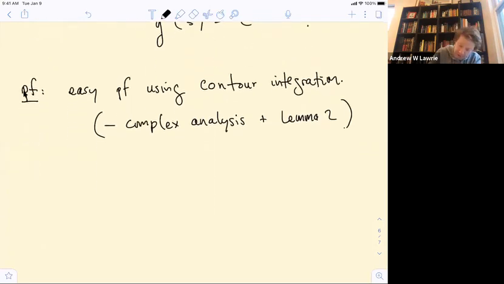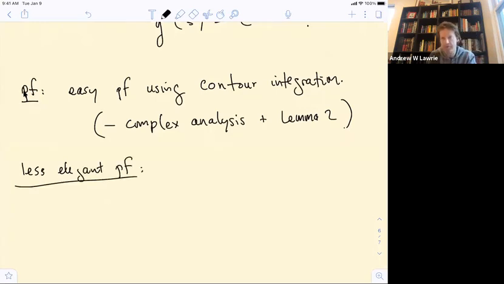Okay, a somewhat less elegant proof. I think complex analysis arguments are somehow the highest art, but a slightly less elegant form of art is an ODE argument.